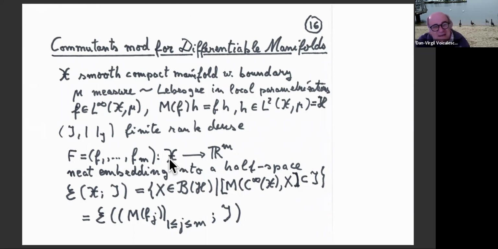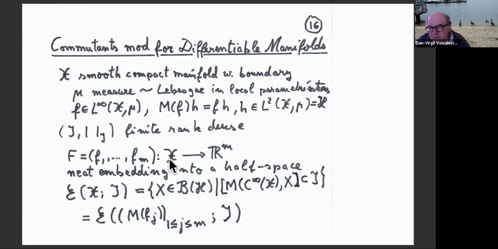And so one can look at commutants mod I for differentiable manifolds. So X will be a smooth compact manifold with boundary.